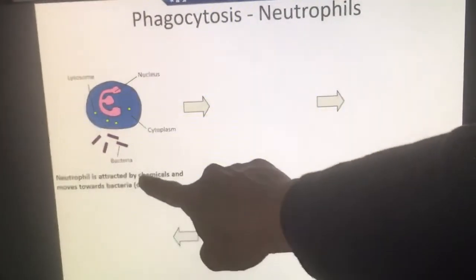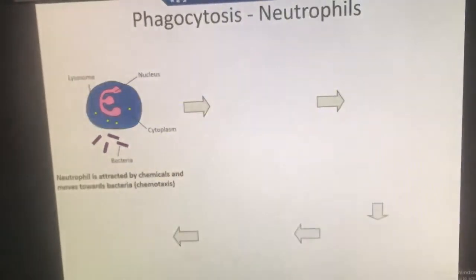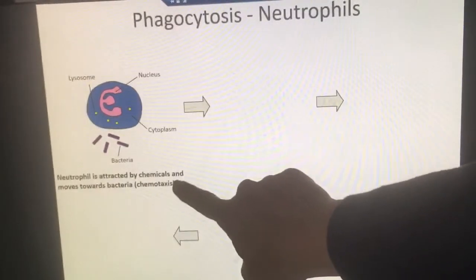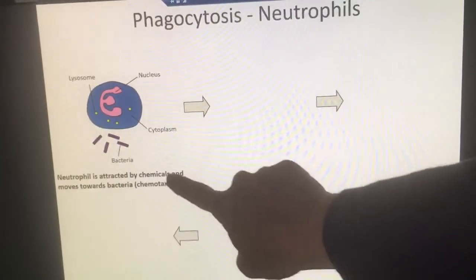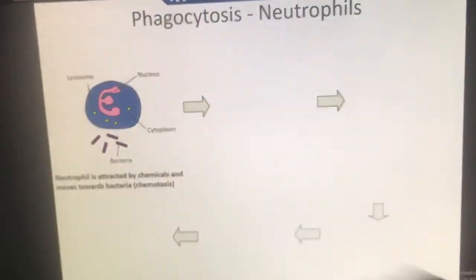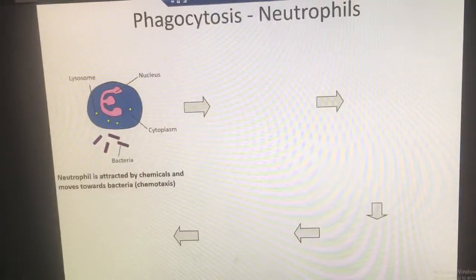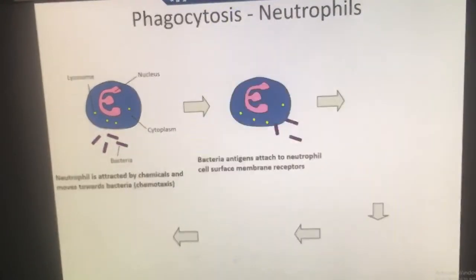It's usually attracted to chemicals that the bacteria are producing, so the movement of the neutrophil towards the pathogenic bacteria is described as chemotaxis. Taxis meaning to move, and chemo meaning chemical. This is a nice key word that will often get you extra credit in an exam answer.